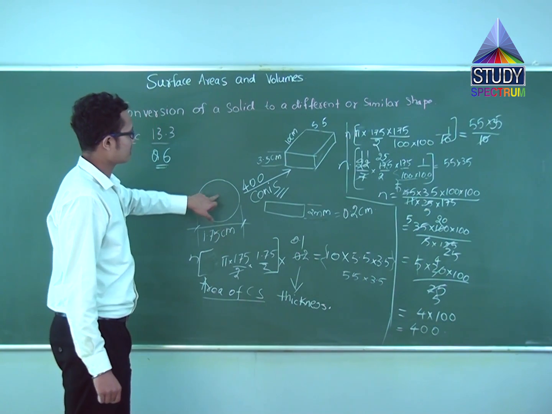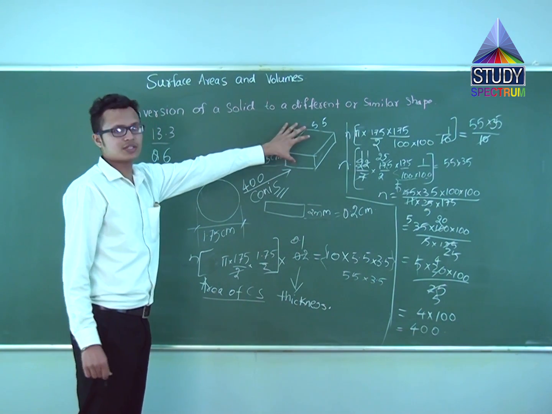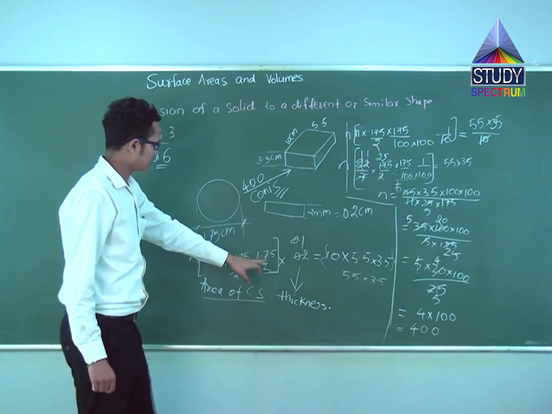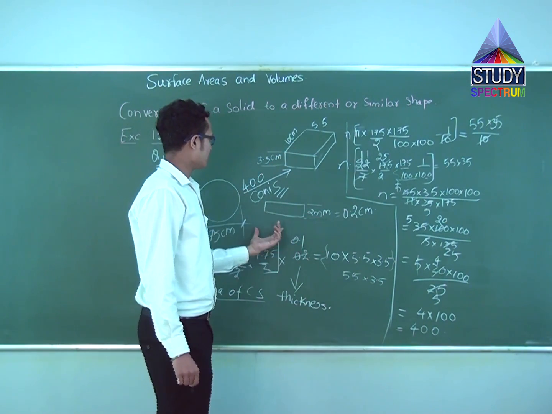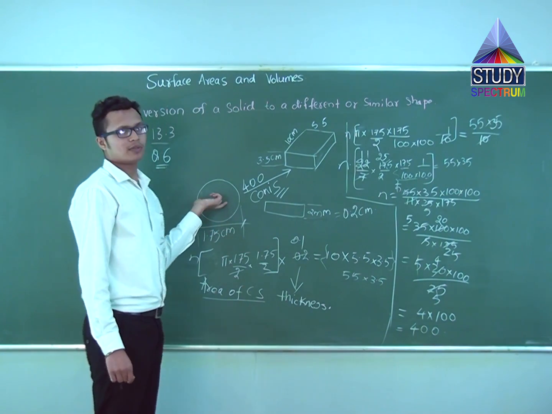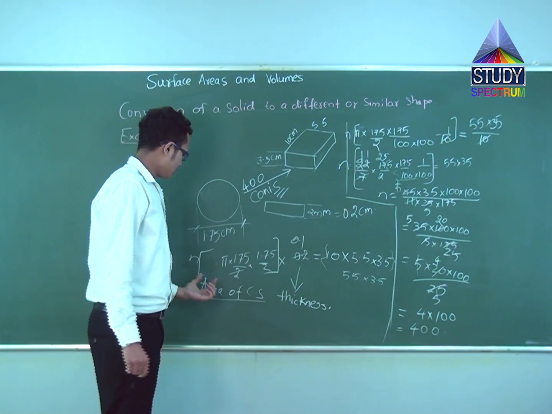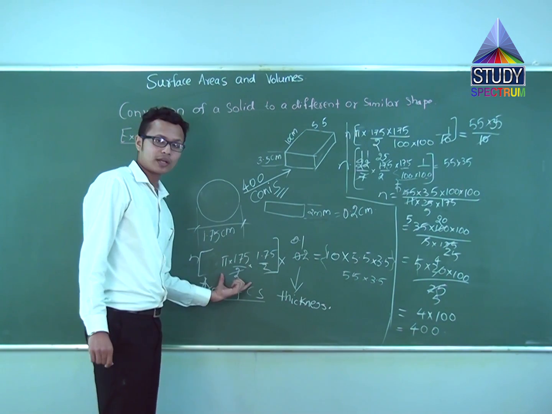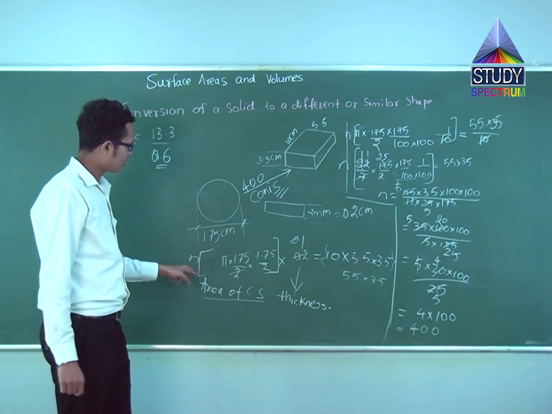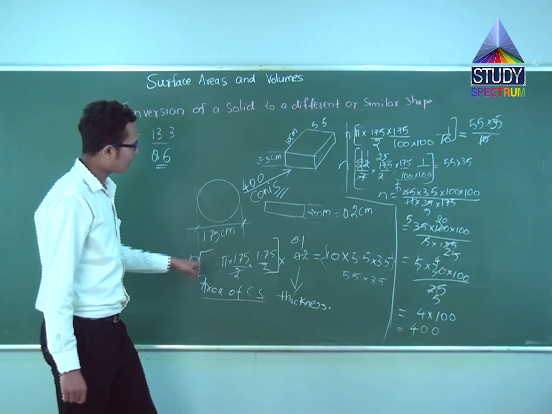The silver coins are melted to form a cuboid of this shape and this volume, that is 10 into 5.5 into 3.5. And the question is, how many such silver coins will be used to form this cuboid? Just write down the volume of one single silver coin and multiply that with n, the number of silver coins, and you'll have n here.